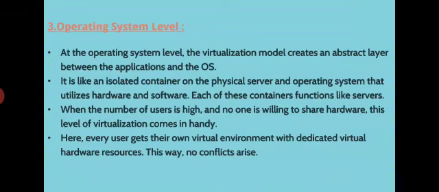Each of these containers functions like a server. When the number of users is high and no one is willing to share the hardware, this level of virtualization comes in handy. Every user gets their own virtual environment with dedicated virtual hardware resources. This way no conflicts will arise. That is what we will discuss in the operating system level.